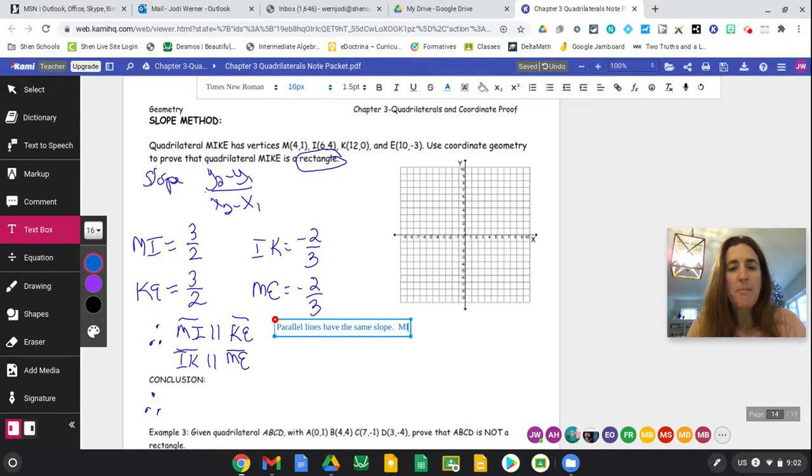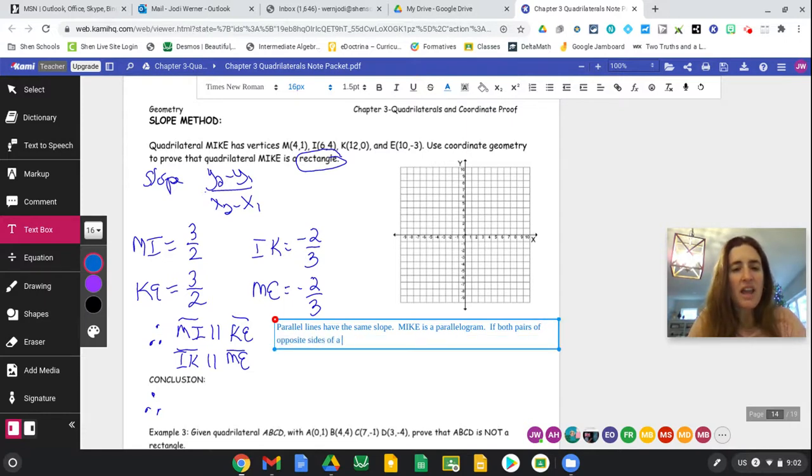So I know that MIKE is a parallelogram because if both pairs of opposite sides of a quad are parallel, then the quad is a parallelogram.